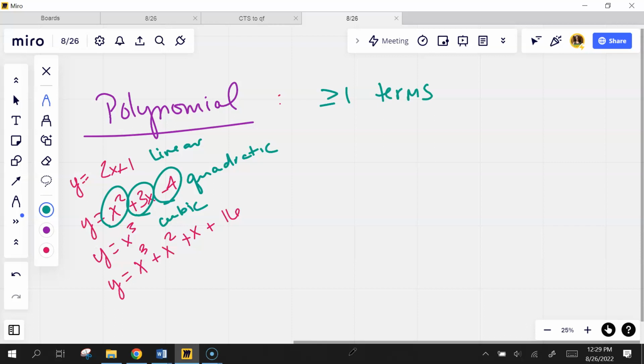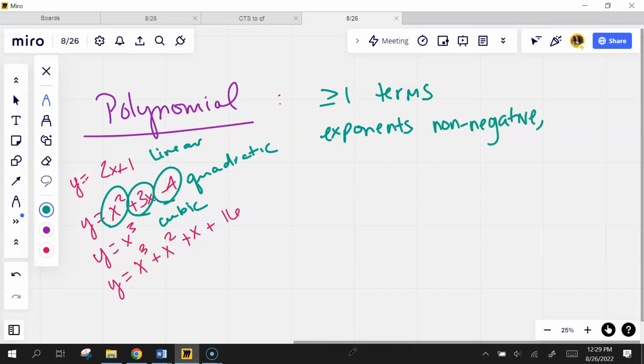Within these terms, there are some specifications. What are those specifications? We talked about them. What's negative, or what can't be negative? The exponent. My exponents must be non-negative.